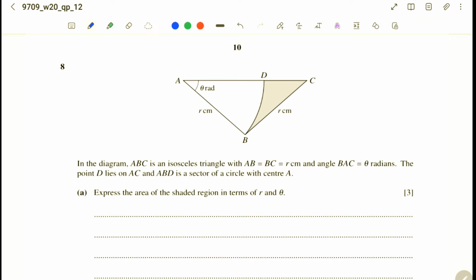So the area of the shaded region is nothing but the area of the triangle minus the area of the sector.